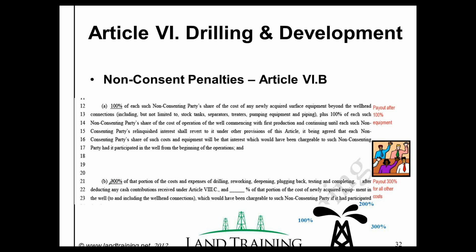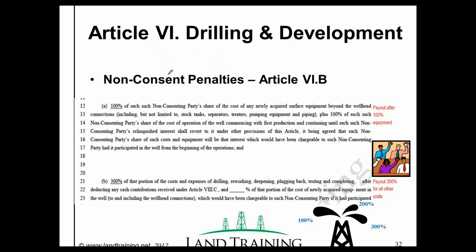Then it has to pay out a second time, meaning we get double of what we paid in. Then it's got to pay out 3 times. So 3 times what the well cost. Then and only then, if it's a 300% penalty, does Karina get to come back in and recoup her share, her 25%, and then we each go back to our 25% interest.